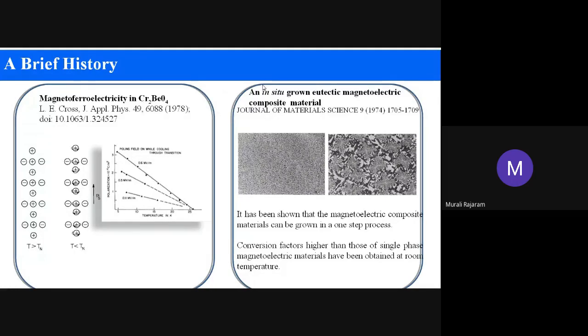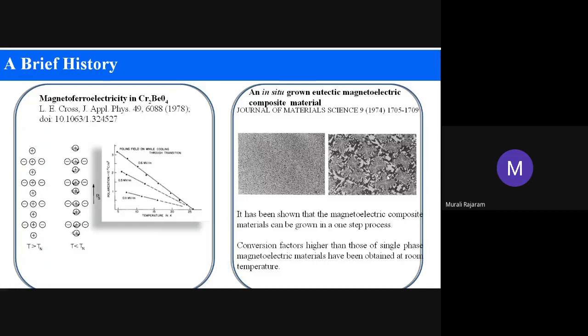In the case of composites, at almost the same time, around 1974, people working at Bell reported on composites of barium titanate and cobalt ferrite. Barium titanate again is a perovskite material, and cobalt ferrite is a spinel structure.